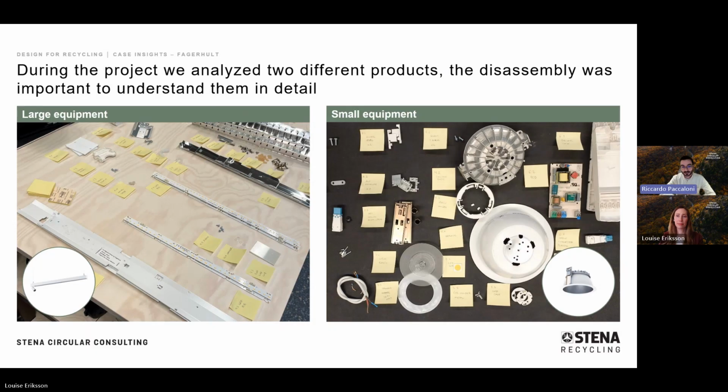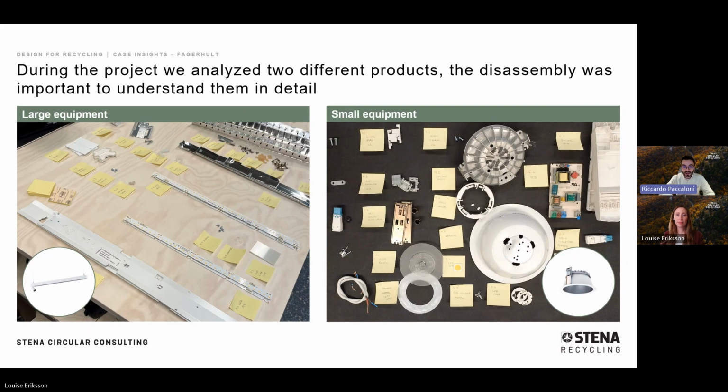In fact, the larger product, due to its size, enters a different and more rough recycling process, which may result in higher material losses compared to the smaller product, which goes into what we call the PMR process, precious metal recycling, from the start.